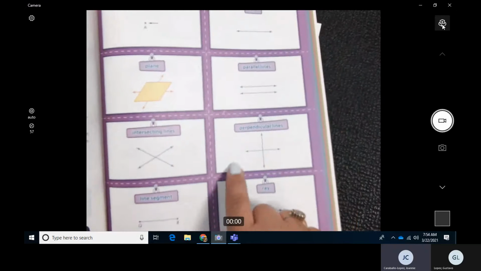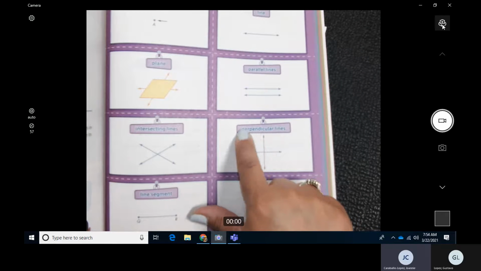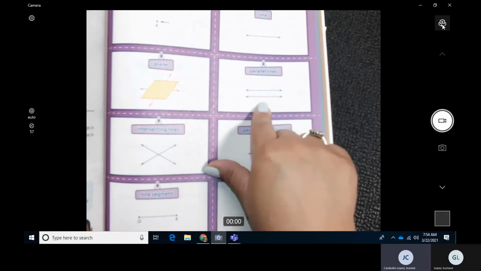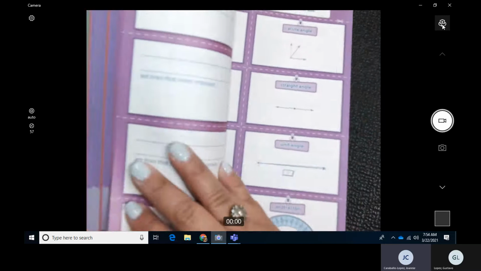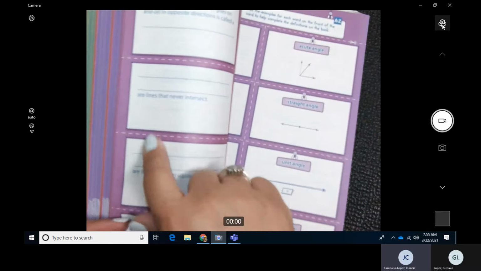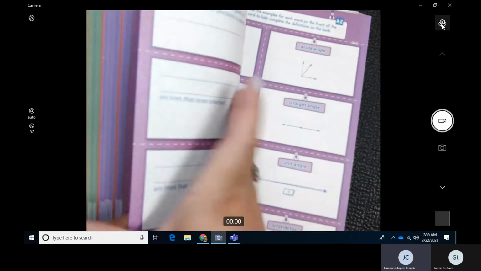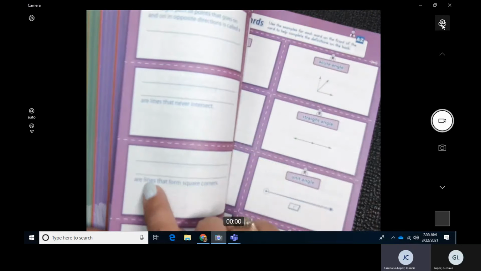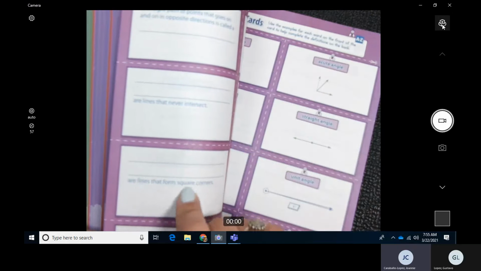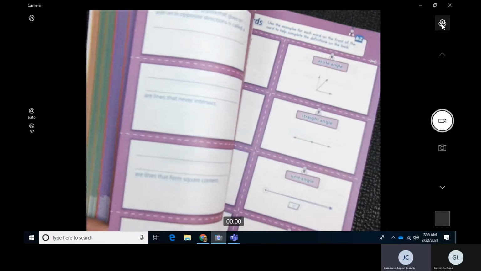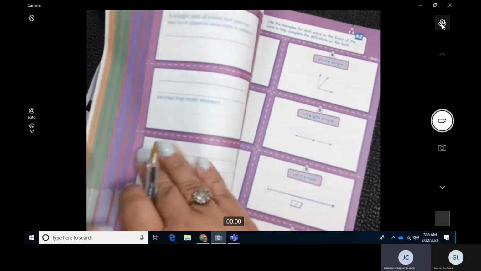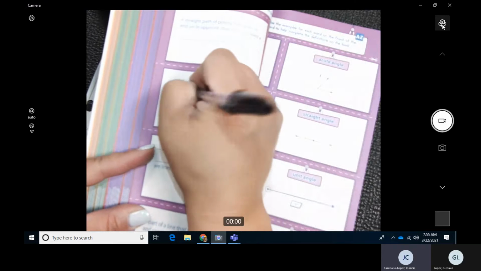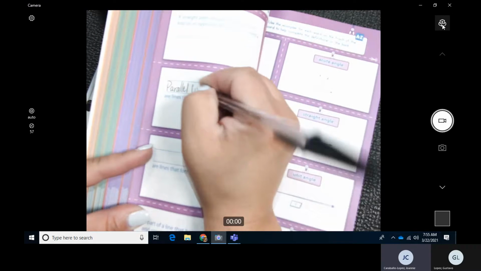In your word cards, you have the drawing, you have the words that say perpendicular lines, parallel lines, and your lines, and then you have your definition, right? So as we said, parallel lines are lines that never intersect, and perpendicular lines are lines that form square corners. What you do is you take this paper and you're going to write right here the word that goes with it.